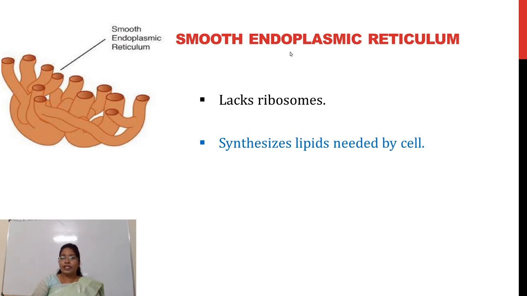It lacks ribosomes, so it is smooth in nature and called smooth endoplasmic reticulum. The function of smooth endoplasmic reticulum is that it synthesizes lipids needed by the cell. This is a simple image of smooth endoplasmic reticulum.